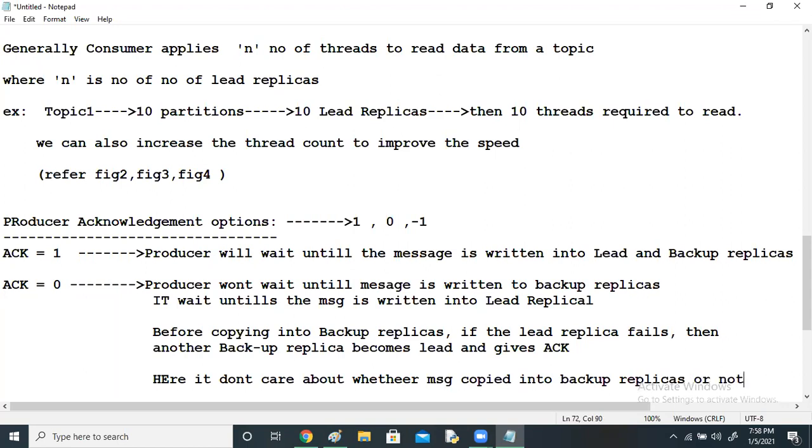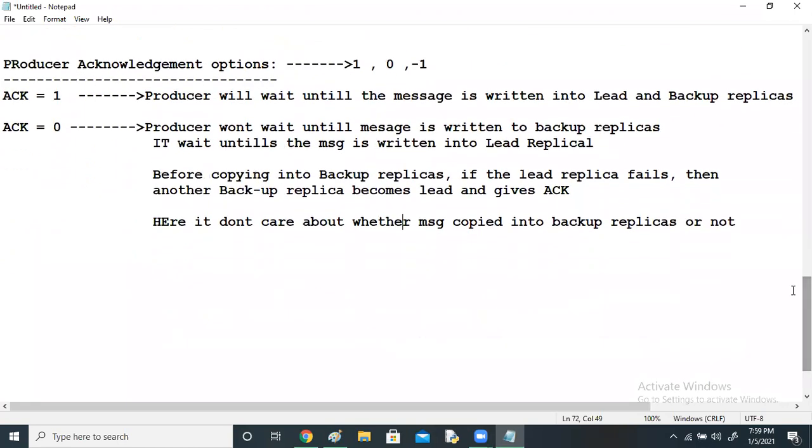It doesn't care whether the message is copied into backup replicas or not. But acknowledgement equal to 1 means it waits until it writes into backup replicas also. Here it won't care whether it is written into them. Just if it is written into the lead replica, that's enough.